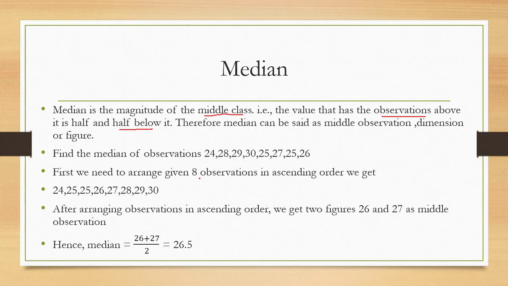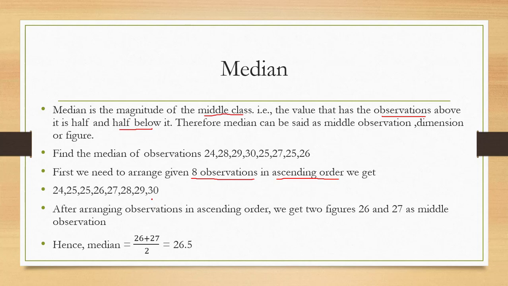need to order these 8 observations in ascending order. So we will get 24, 25, 25, 26, 27, 28, 29 and 30. So we have ordered these observations in ascending order.